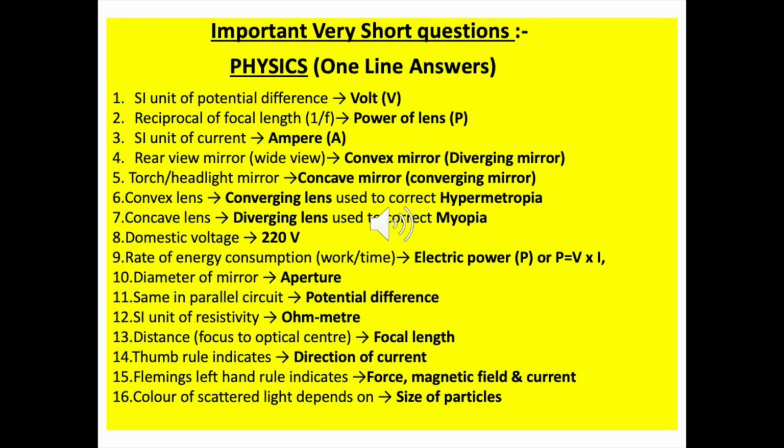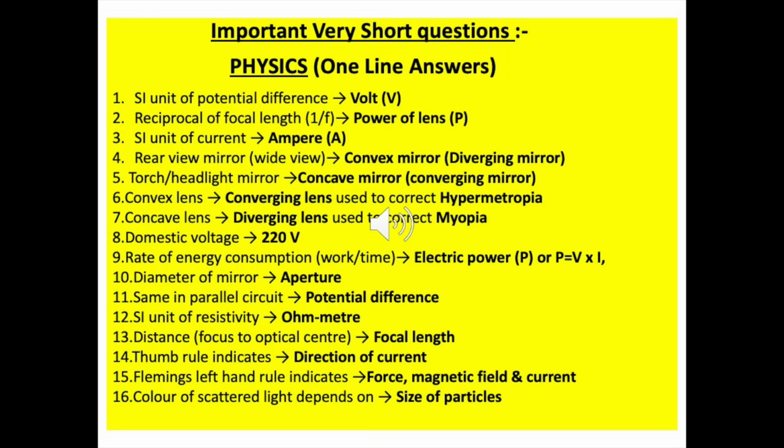The convex lenses are converging lenses, but the convex mirrors are diverging mirrors. Similarly, the concave lenses are diverging lenses, but the concave mirrors are converging mirrors. So lens and mirror are opposite of each other. You have to keep this in mind.